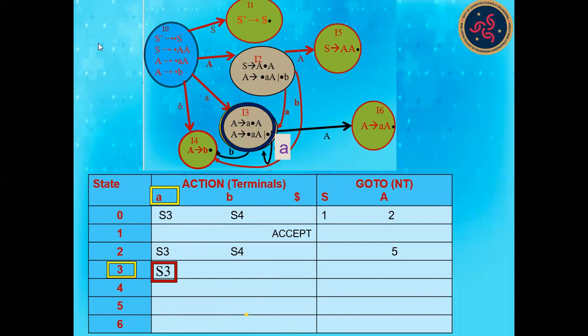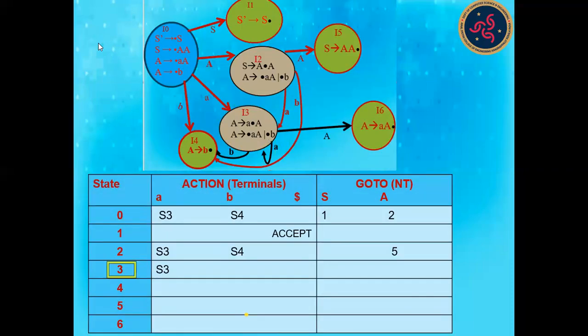It is looping, the state is going to itself. Next, if we get a symbol b, at the state I3 when b is read, then it will move to I4, which is a final state. So we have S4 here. This is a shift operation S4 in this cell.